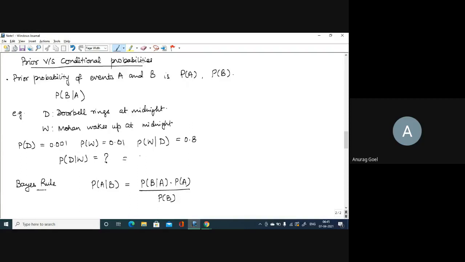We can calculate it as P of W given D into PD, divided by PW, and that would be equal to 0.8 into 0.001, divided by 0.01, and this results in 0.08. Okay, that means there is just an 8% chance that if Mohan wakes up at midnight, it is because of the doorbell.